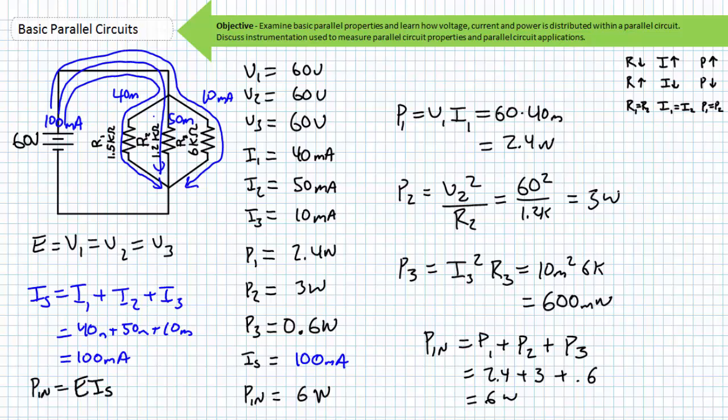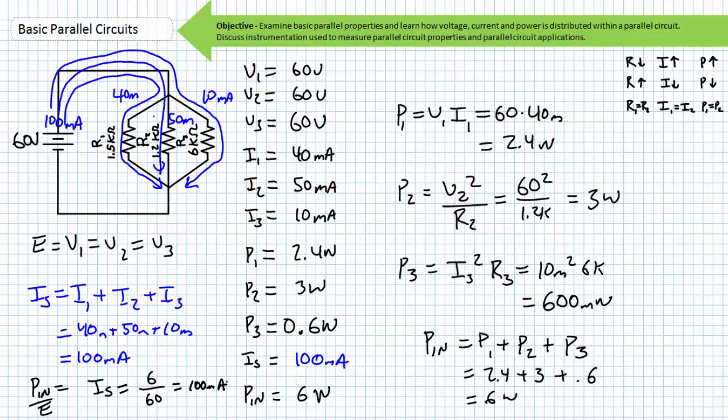Or we can use the power equation, where power input equals source voltage times source current, and solve for source current, where source current is equal to power input divided by source voltage. 6 watts divided by 60 volts again yields a current draw of 100 milliamperes.